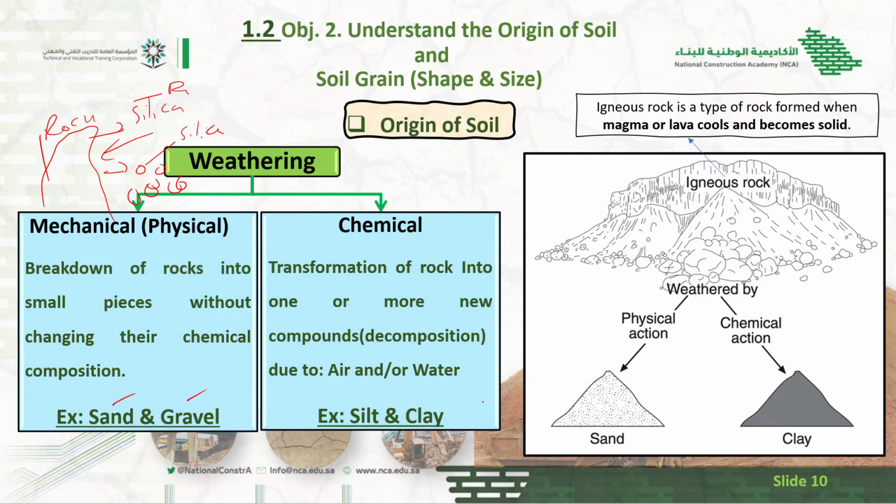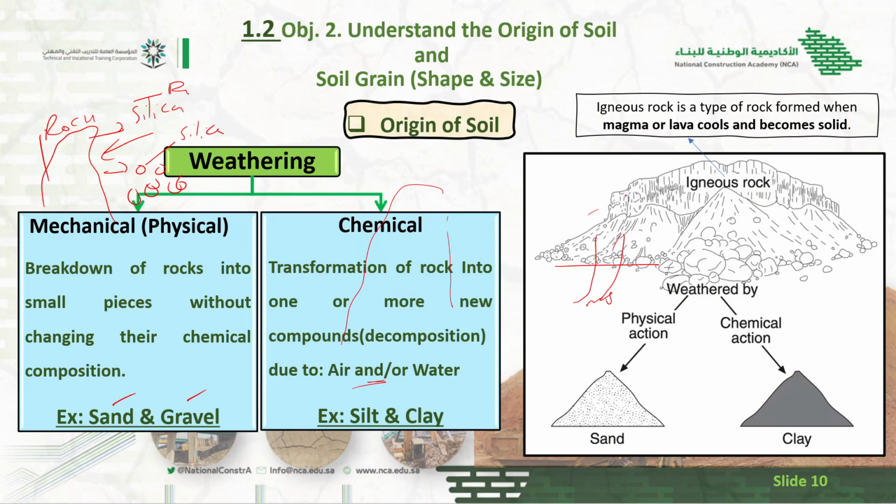Same for the chemical. For the chemical, we can say the transformation of rock into one or more new compounds, decompositions. For example, this is a big rock. You can see this picture. This is the igneous rock. So what is igneous rock? Igneous rock we will discuss in the next slide in detail. The rock which is made from the eruption of magma.